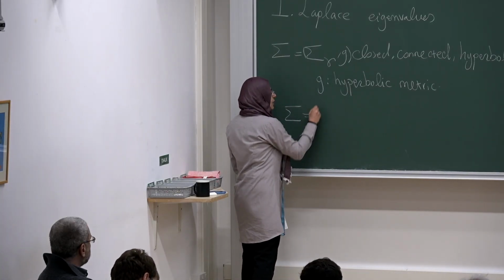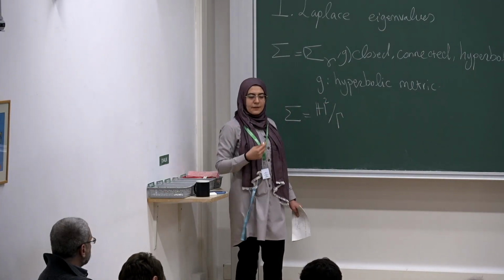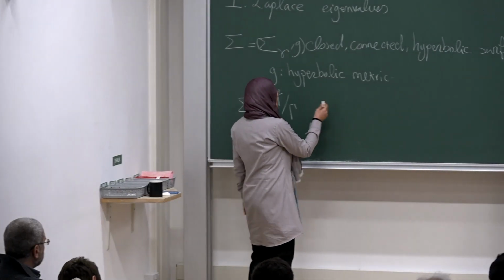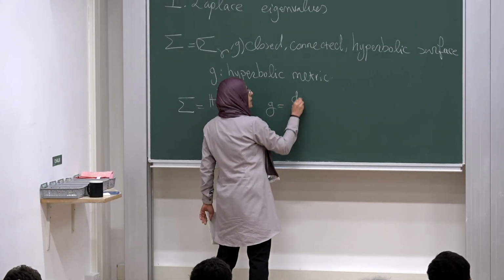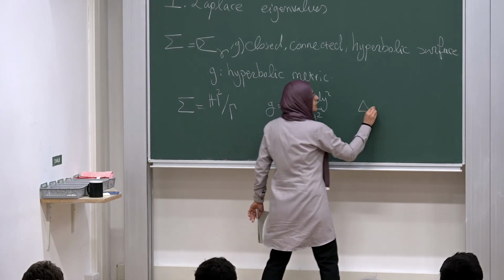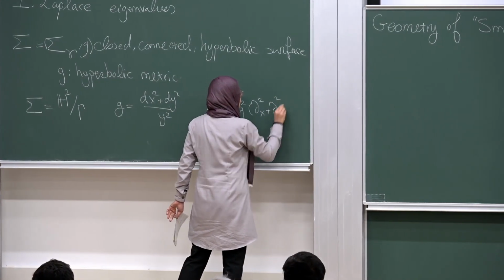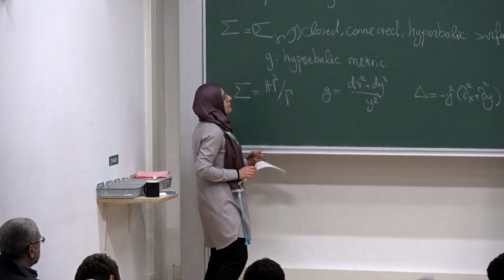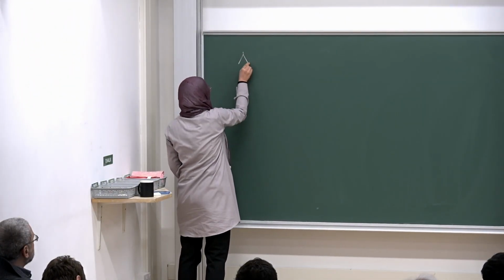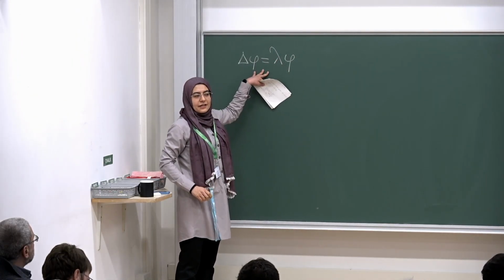You can think of sigma as a quotient of the upper half plane by some discrete subgroup of the isometries of H2, SL2(R), and then our metric looks like this, and our operator in this coordinate will be this. We are interested in the Laplace eigenvalue problem, so we study this eigenvalue problem.